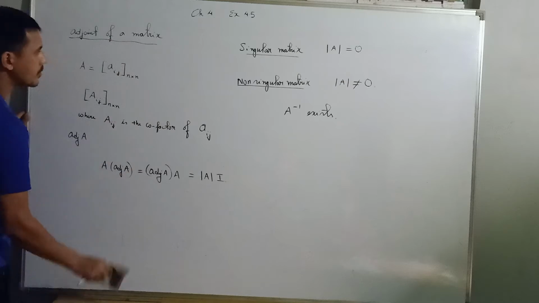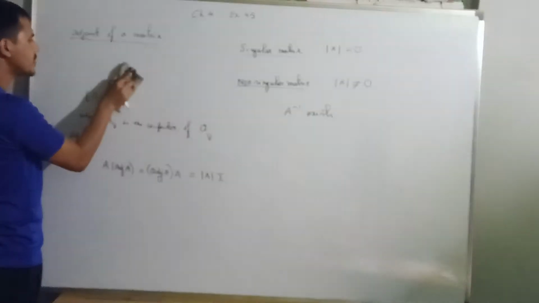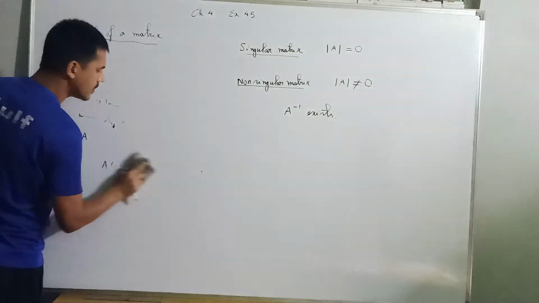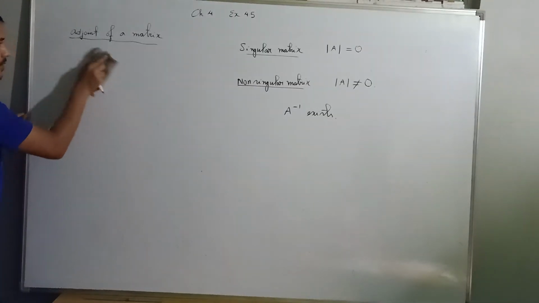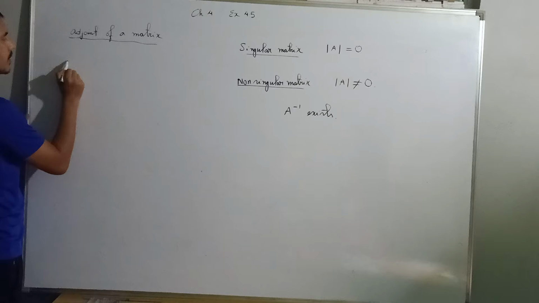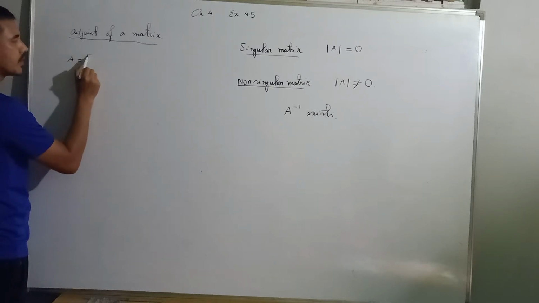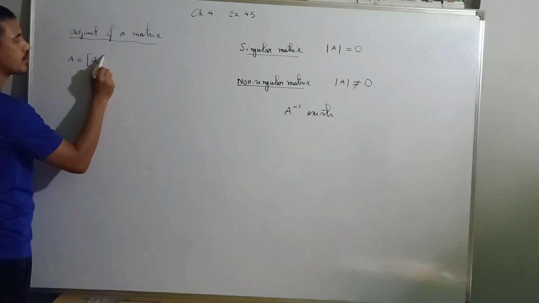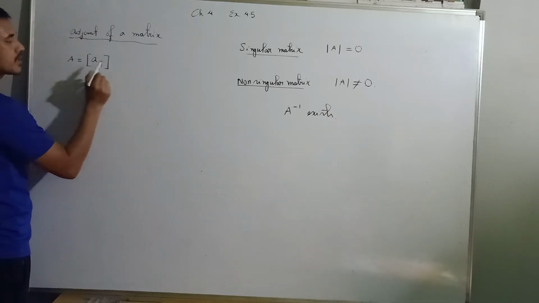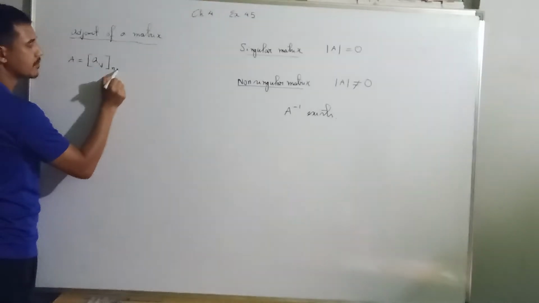Let me repeat about this adjoint. It can be a bit confusing for you. That's what I feel. What you do is you just consider a square matrix. Let A be a square matrix. Then the matrix is represented by Aij. I'm considering A is a square matrix of order n.